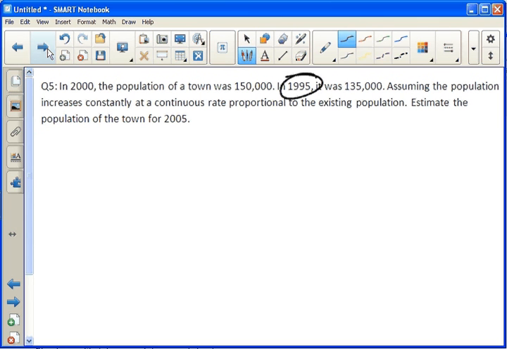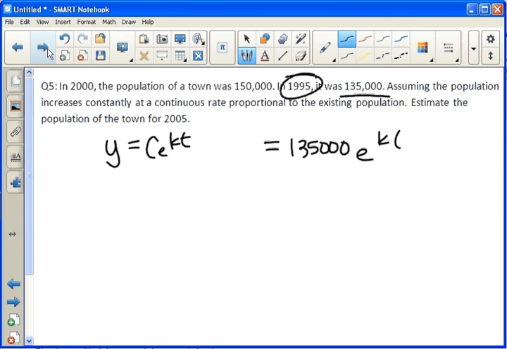I'm again dealing with exponential growth and decay, so I use this equation. I know my C is 135,000. And I know that 5 years later, in the year 2000, we were up to 150,000 people. So let's divide both sides by 135,000. So that gives us 150 over 135.